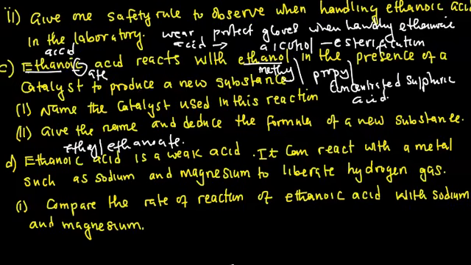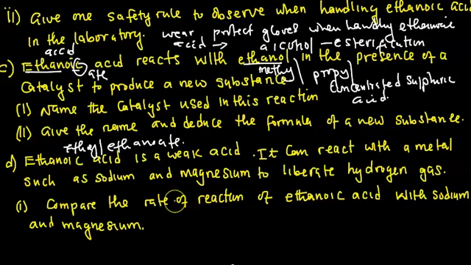So one reason is due to their positioning on the reactivity series. In terms of their reactivity, sodium is more reactive than magnesium. I guess you get the point here.